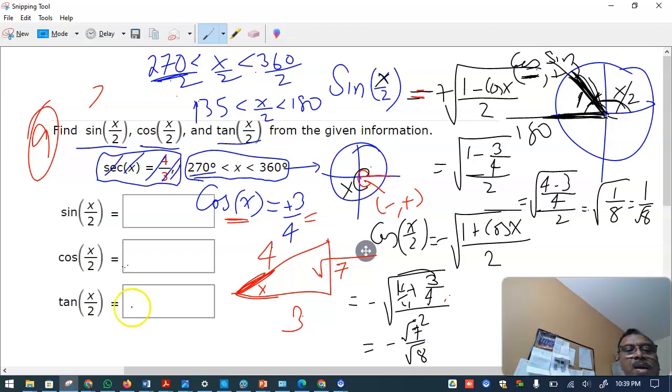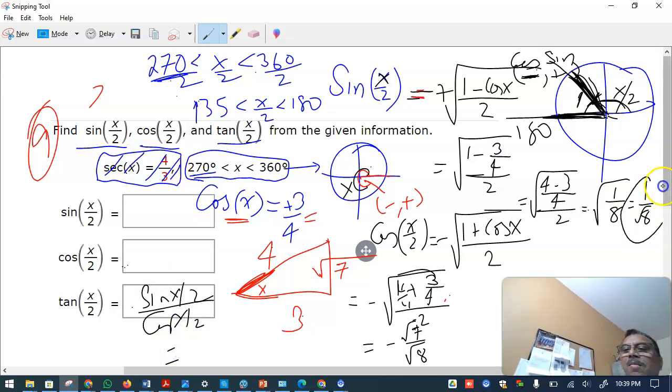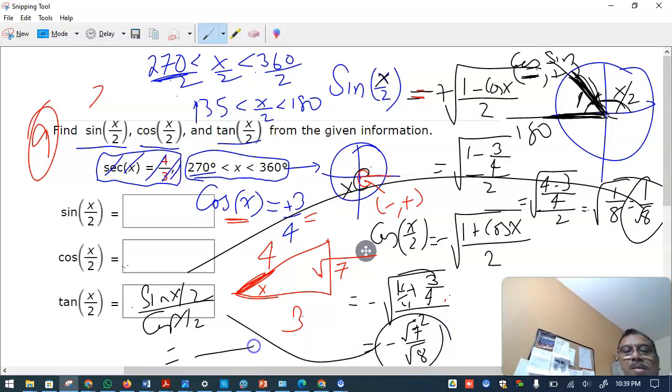And then to find tan, this will be sine x by 2 over cosine x by 2. So this number goes here. This number goes right here. Okay, so that will be 1.